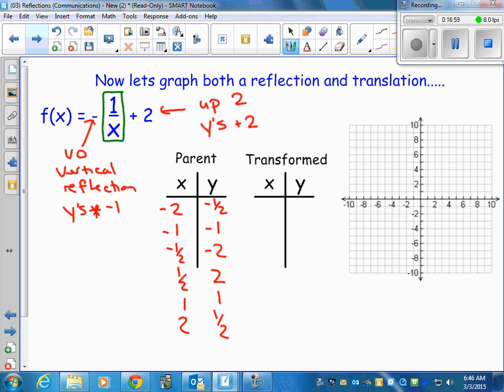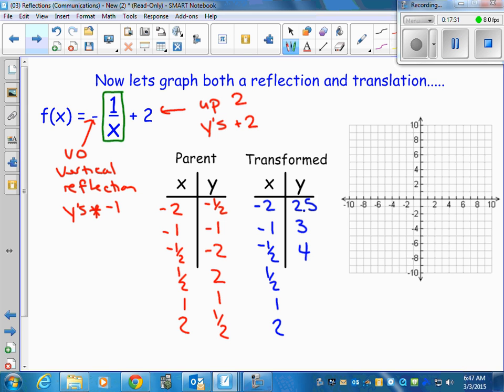And this one, since we're dealing with fractions, does get a little messier, but we want to work through our values. The x's weren't affected, so I copy those over. My y values, I'm going to multiply by a negative 1 and add 2. I'm going to change this to a decimal value then. So we had a positive 1/2 plus 2, positive 1 plus 2, positive 2 plus 2.